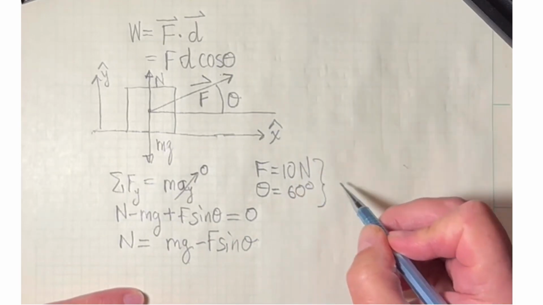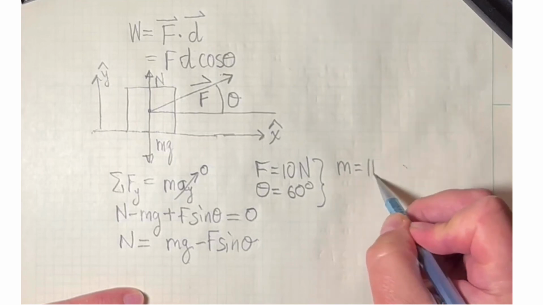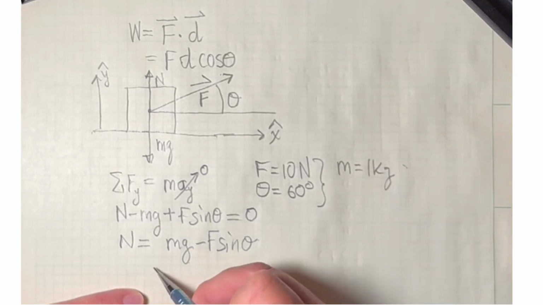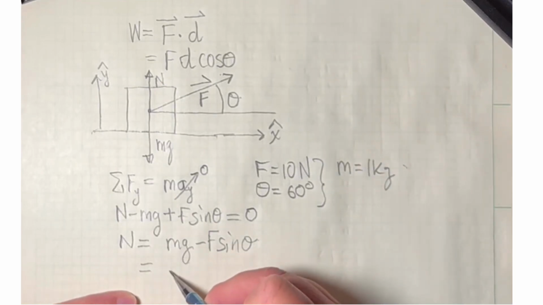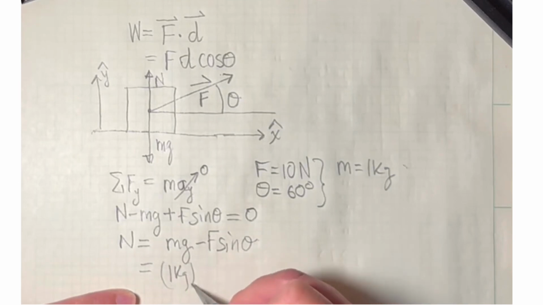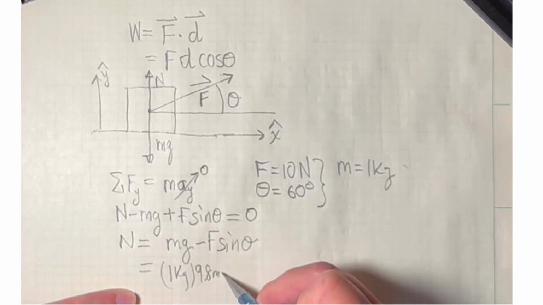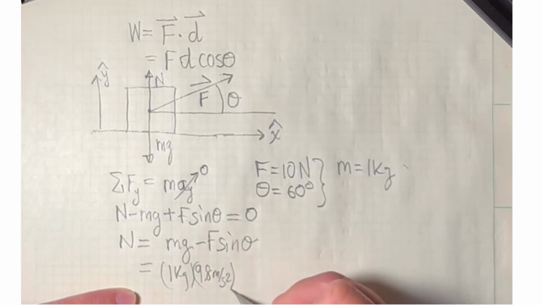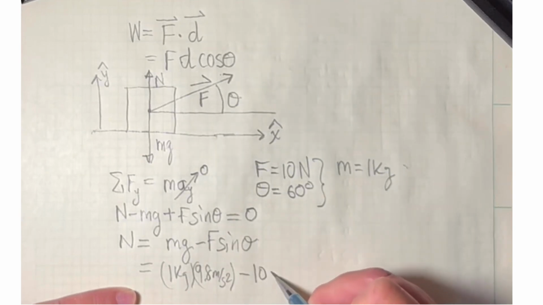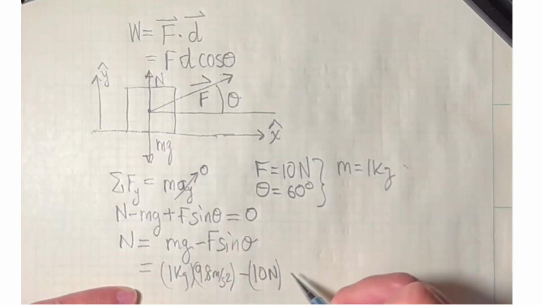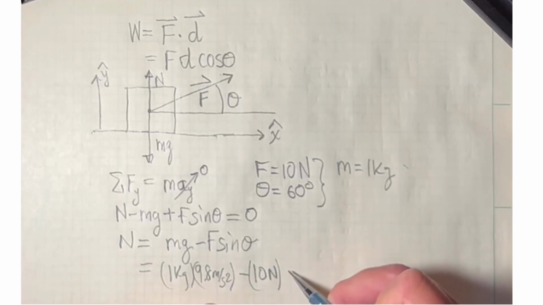Let m equal 1 kilogram. g is 9.8. So this is 1 kilogram times 9.8 meters per second squared minus 10 newtons times the sine of 60 degrees.